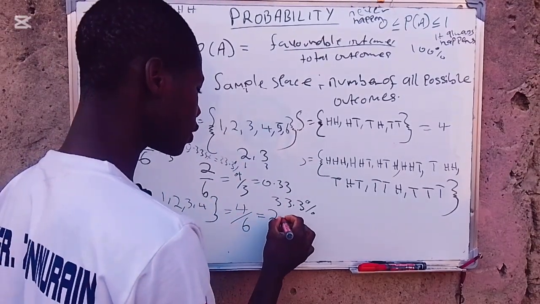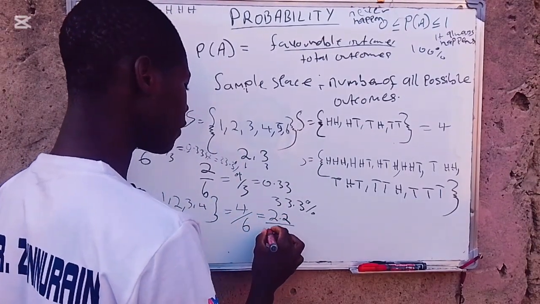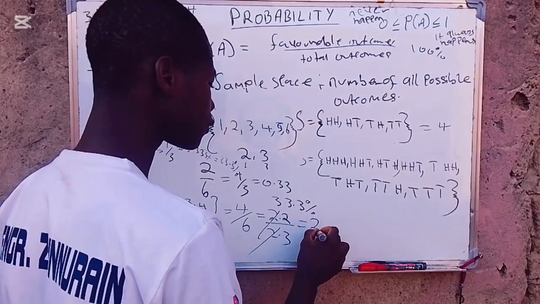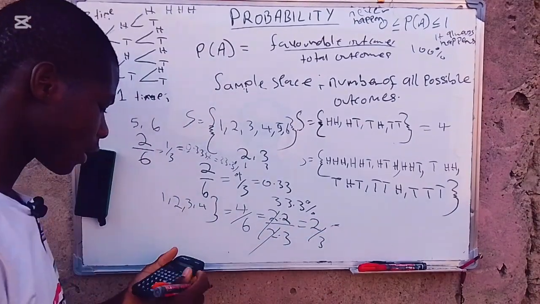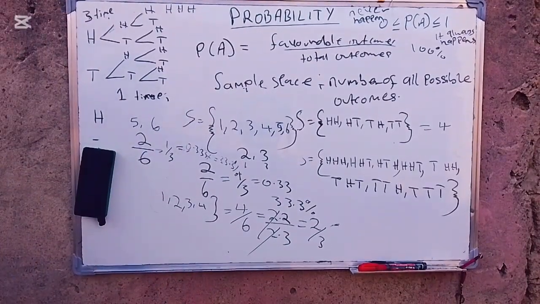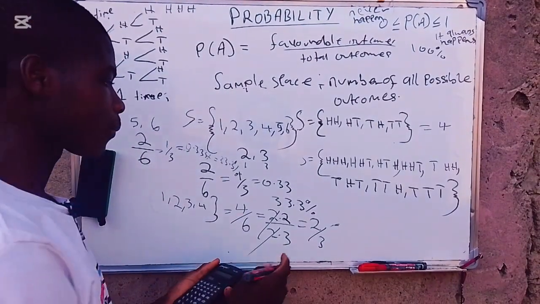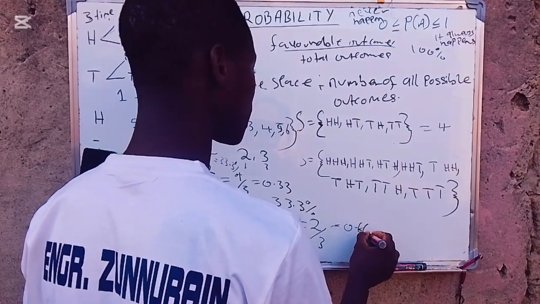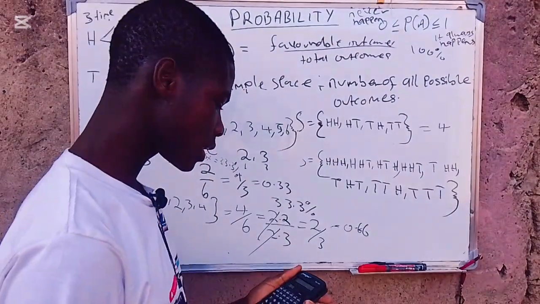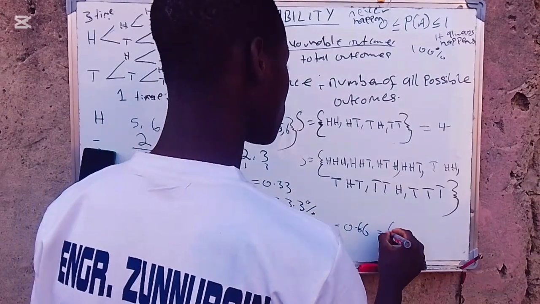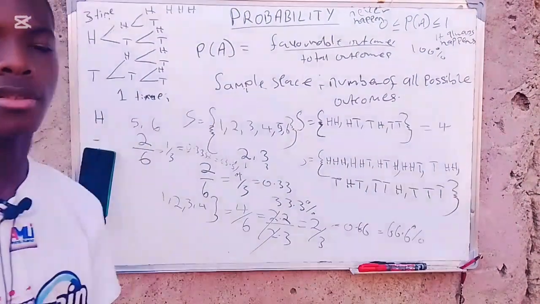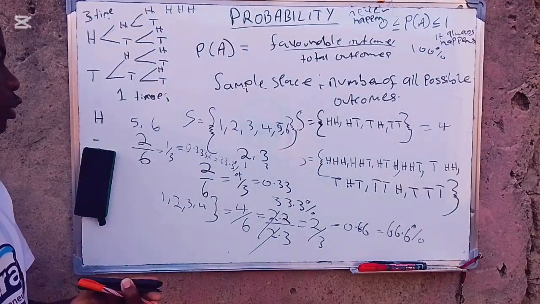This is the same as 2 times 2 divided by 2 multiplied by 3. This will cancel this. At the end we'll have 2 divided by 3. If I say 2 divided by the value of 3, this should now be 0.666. So 0.666 is the probability. If I multiply by 100, it will give me 66.6% chances. So it is not much harder.